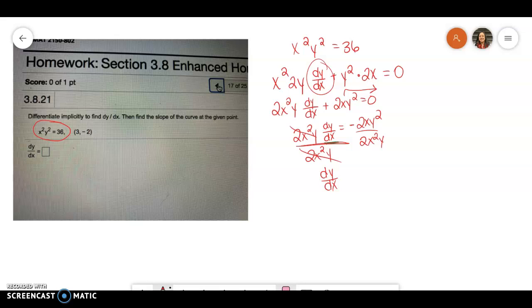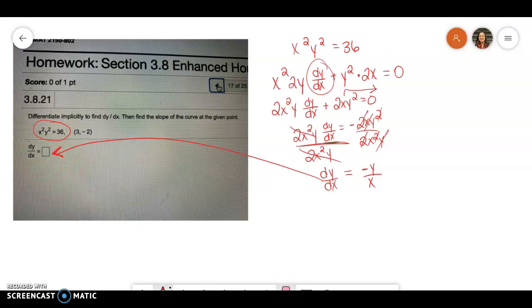Okay, so this is telling me that my derivative is going to be equal to, I can reduce those 2's, I can reduce that x in the numerator, leave one in the denominator, reduce the y in the denominator, leave one in the numerator. So that's going to be negative y over x. So that's the derivative. That's what would go right there.